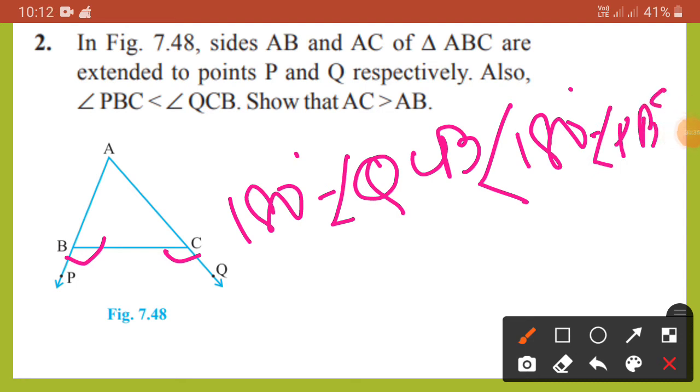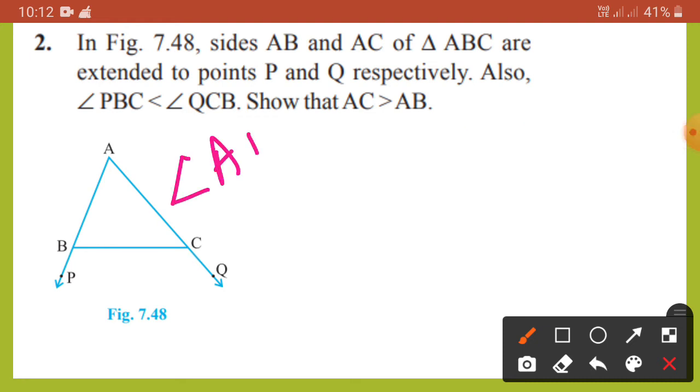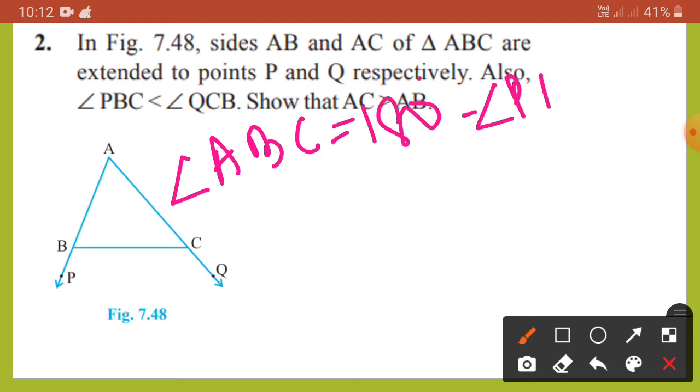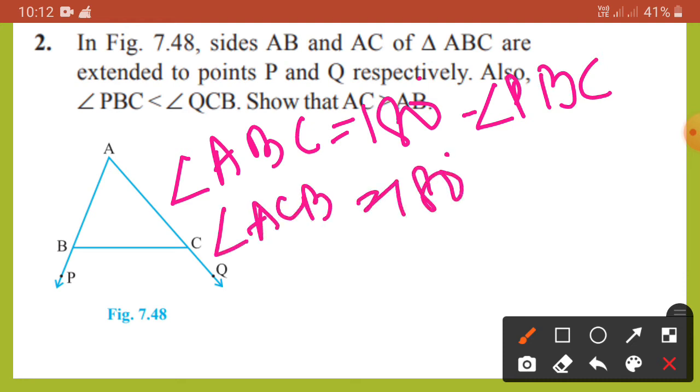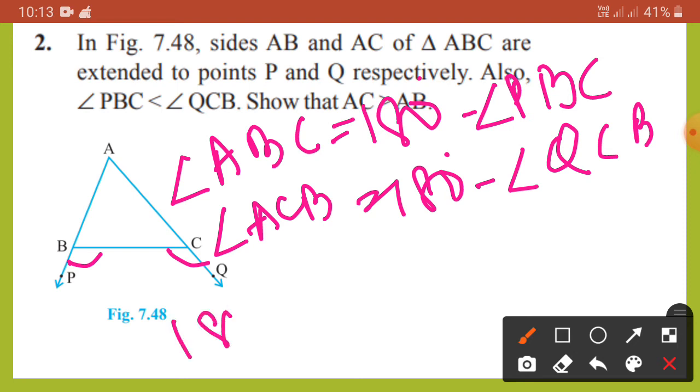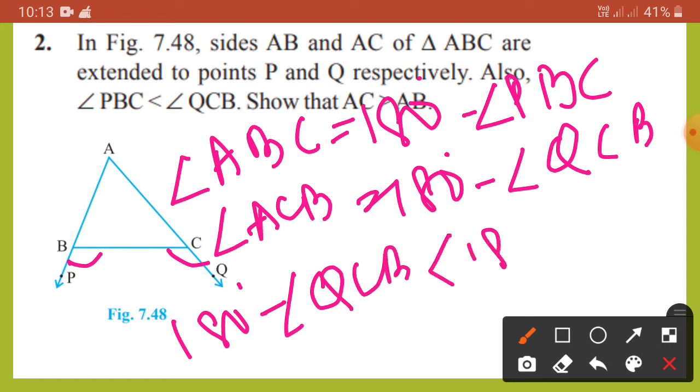Got it? Now equation number 1 is angle ABC equals 180 minus PBC, and angle ACB equals 180 minus QCB. Now PBC is less than QCB, so 180 degrees minus QCB is less than 180 degrees minus angle PBC.